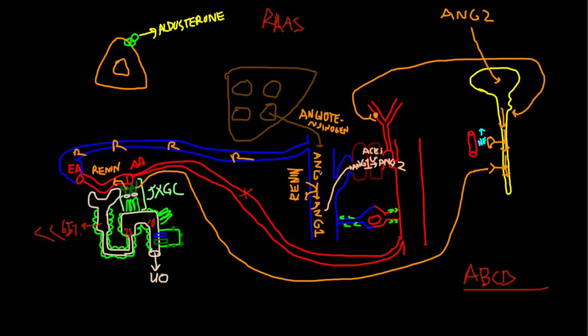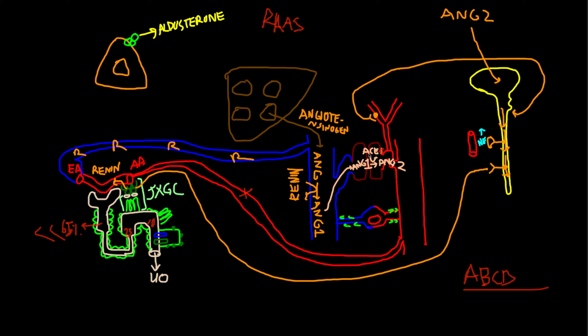Renin is the enzyme that turns angiotensinogen to angiotensin 1. Angiotensin 1 is converted to angiotensin 2 by ACE, angiotensin converting enzyme. There shouldn't be an I there, that's just for the drug. That enzyme is located on the peripheral capillary venules. And so what is angiotensin?